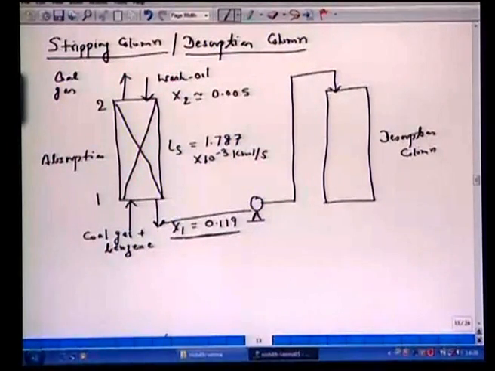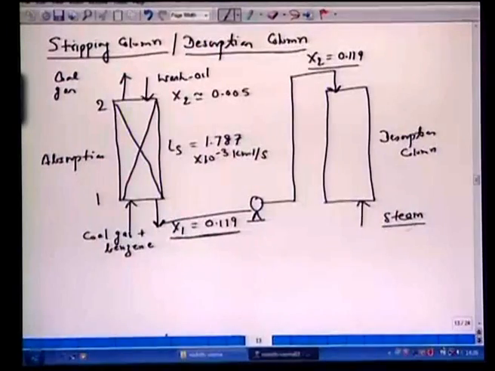The idea here is that this liquid which contains a very high amount of benzene, 0.119, the same composition as here, is now cleaned with steam. In a typical power plant we have plenty of steam available. Composition here is 0, so it's a pure stream.